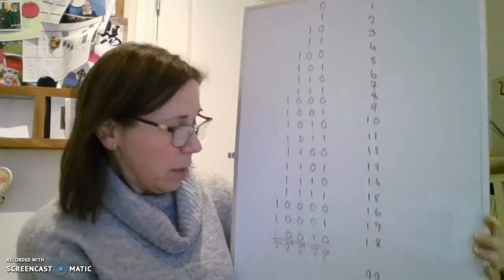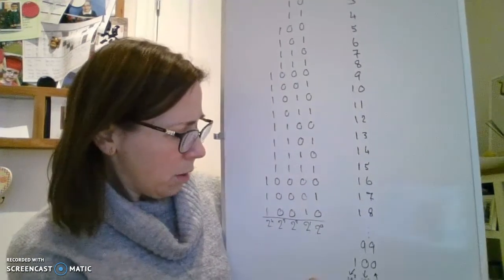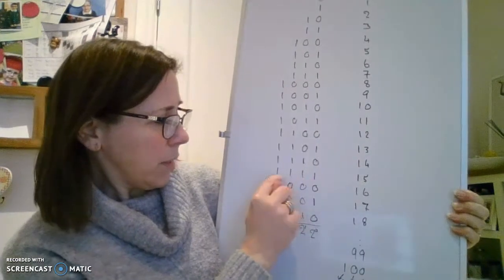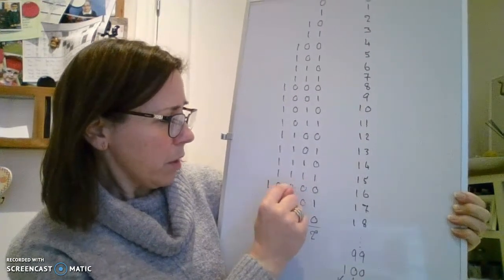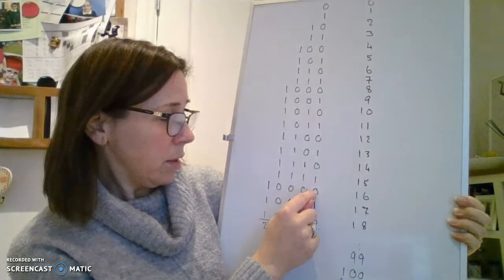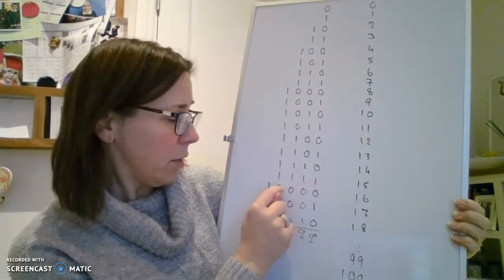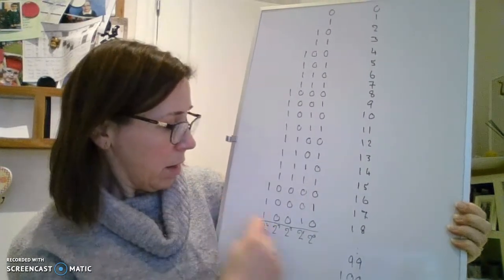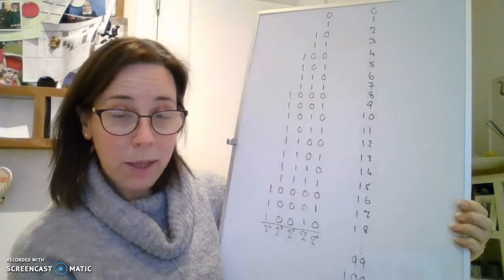And it goes on and on like that. When we get down to number 15, we've got 1, 1, 1, 1. They all have to reset to 0s to get to 16. 1, 2, 3, 4 zeros there, and we've ticked over into our fifth column. Then you keep on going like that.